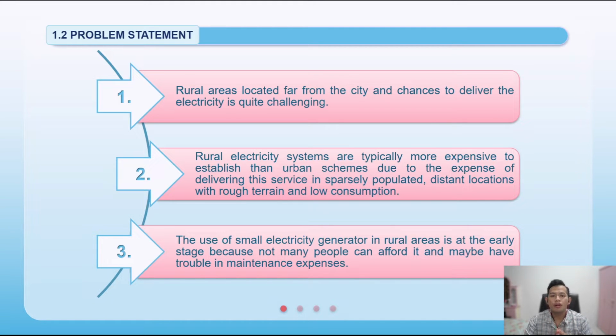Secondly, rural electricity systems are typically more expensive to establish than urban schemes. This is because of the expense of delivering this service in sparsely populated, distant locations with rough terrain and low consumption. Lastly, the use of small electricity generators in rural areas is at an early stage because not many people can afford it and may have trouble with maintenance expenses.